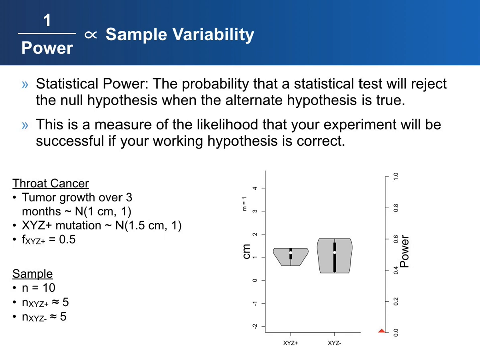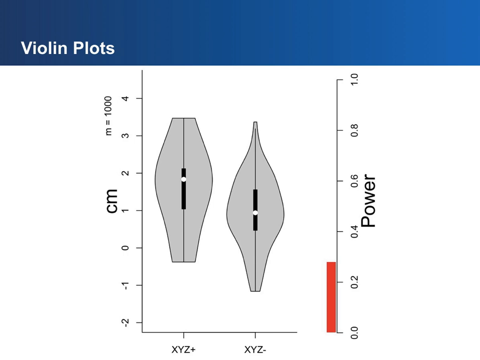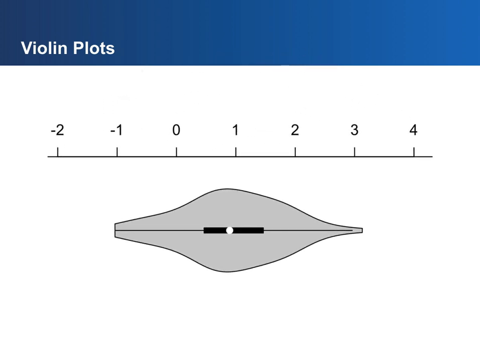And then these violin plots here in the middle, let's look at those a little bit more closely. So again, here we have violin plots, same figure. This is the distribution of tumor growth over our sample. So you can think of this sort of like a histogram, let's say.